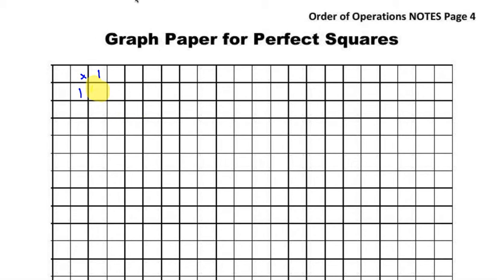Now if I draw another square, I could draw it like this. The next size up, if the first one was a 1 by 1, this one is 2 down and 2 across. So this is a 2 by 2 square. If I draw another one, the next size up would be a 3 by 3 square.